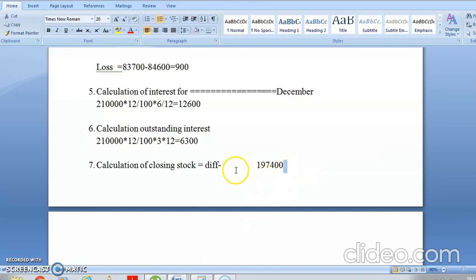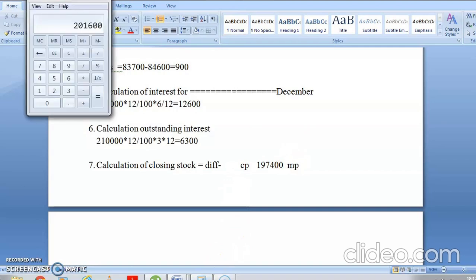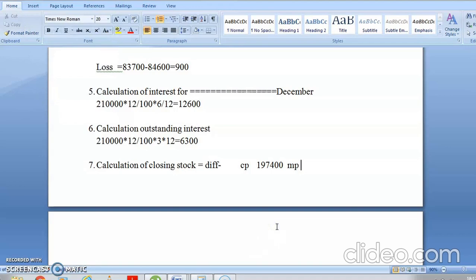So this is your cost price. This is your CP. Am I correct? And your market price is, what is your market price? Yes, your market price is coming to 2,01,600.